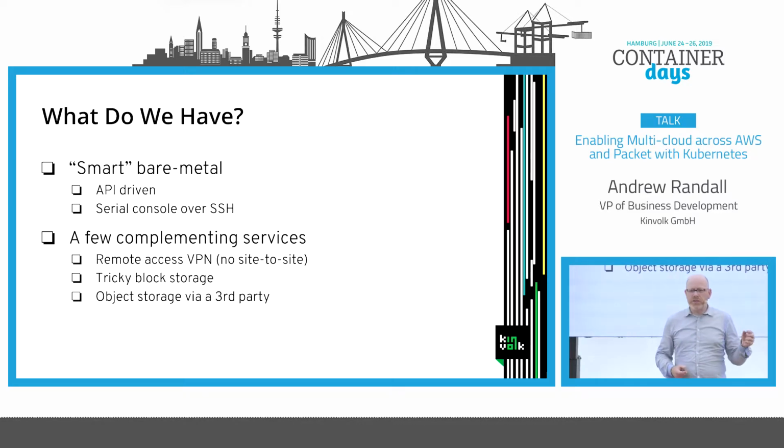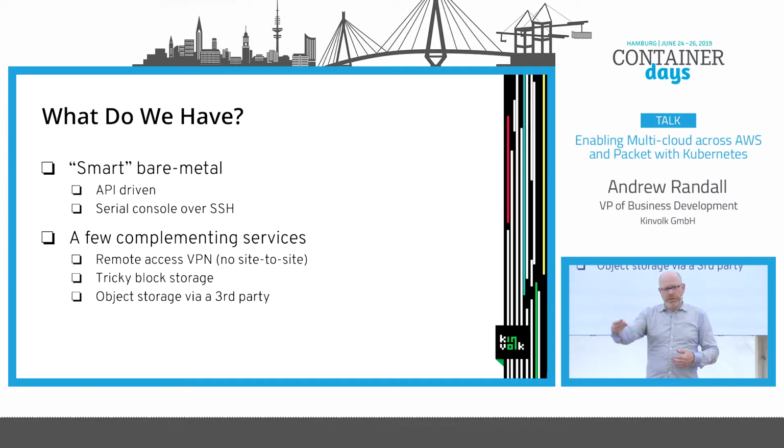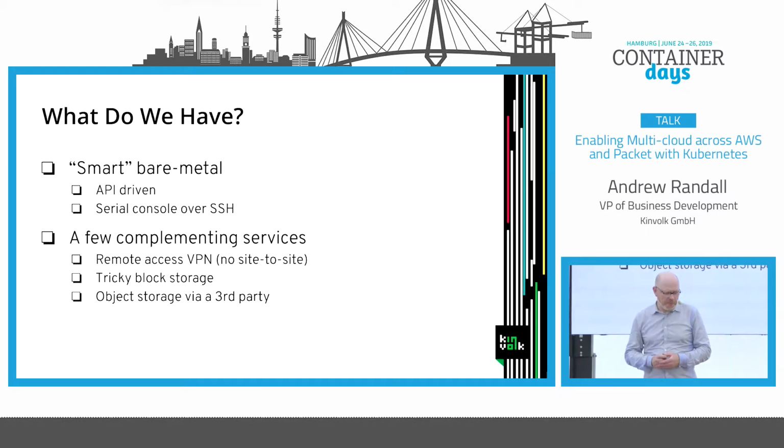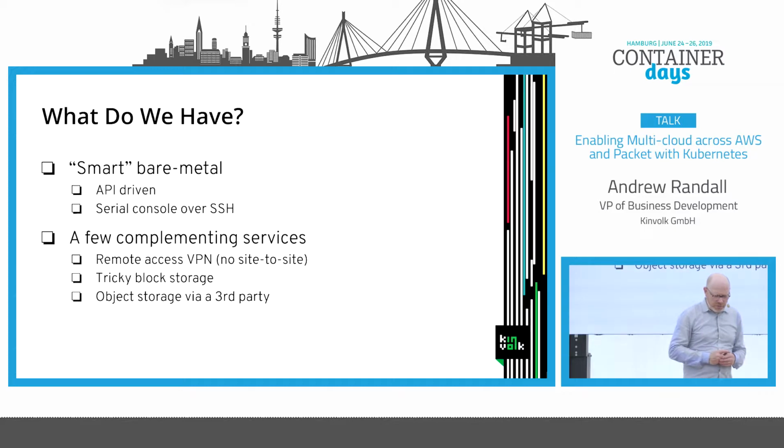There are a few services that you can get. They'll set up VPN access, but not site to site, not across data centers. There's some storage capabilities, but they're not necessarily that easy to leverage. And there's a third-party object storage solution on top of it, which I don't think was a key part of what we were using here.